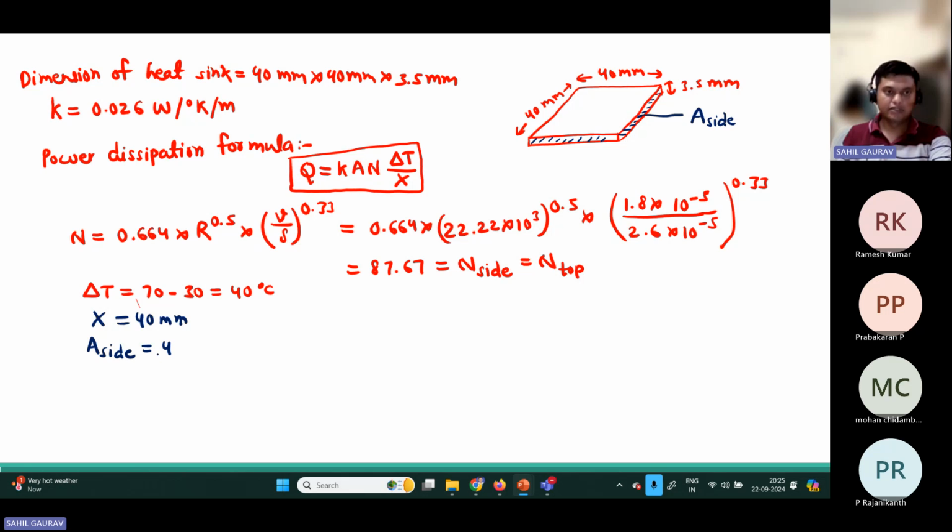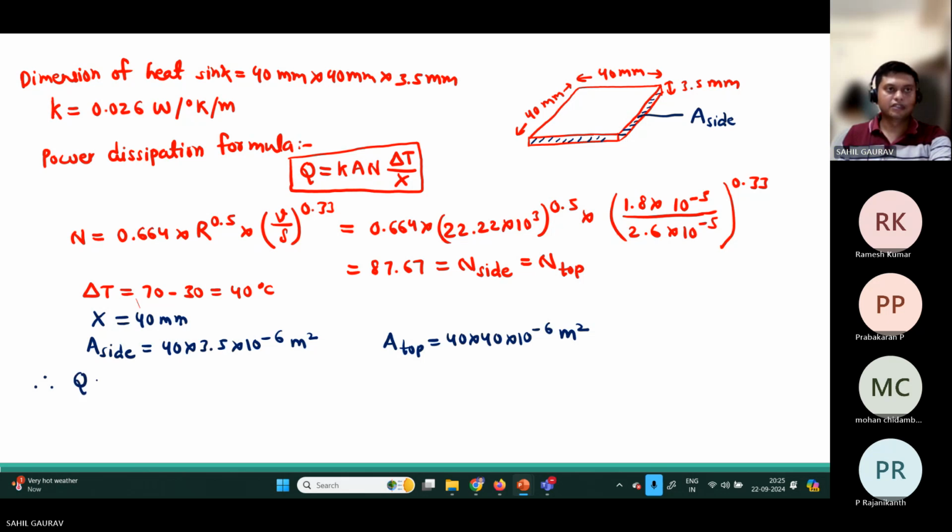Side area will be 40 into 3.5 into 10 to the power minus 6 meter square. And top area will be 40 into 40 into 10 to the power minus 6 meter square.